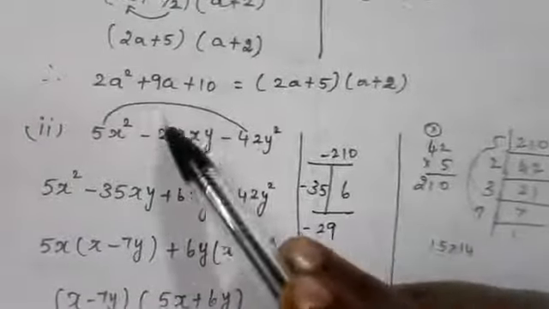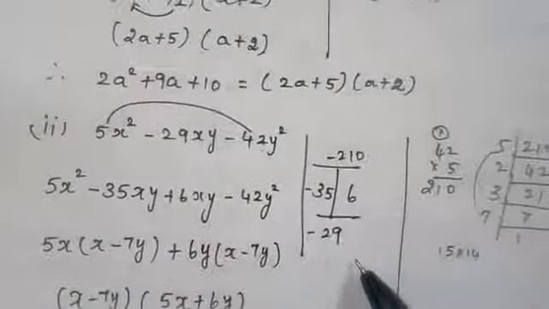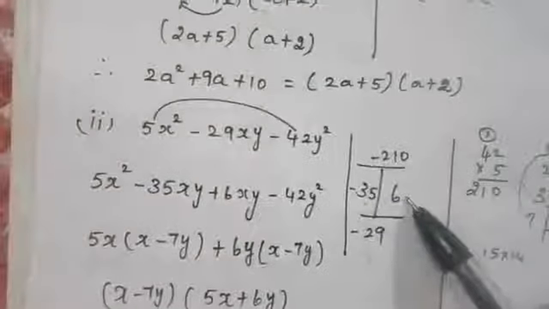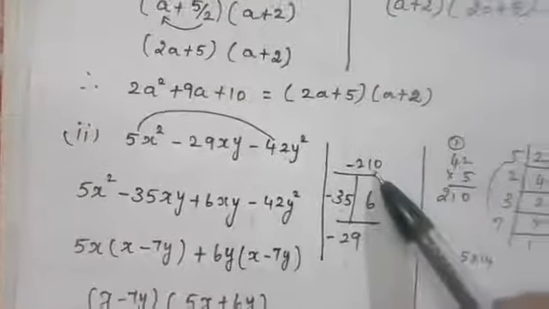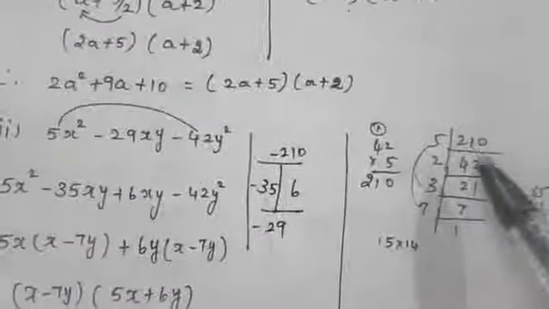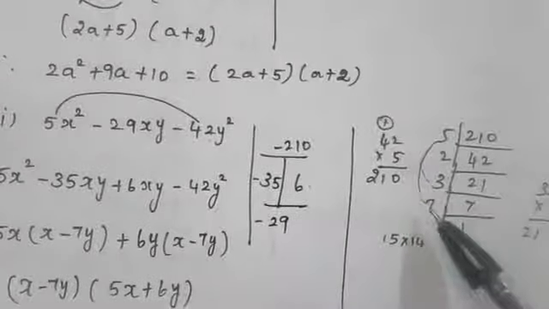The adding value is the second term, with sign, that is minus 29. So you have to find 35 into 6. For the product, here is a shortcut: find the factorization of 210. We get the factors 5 into 2 into 3 into 7.